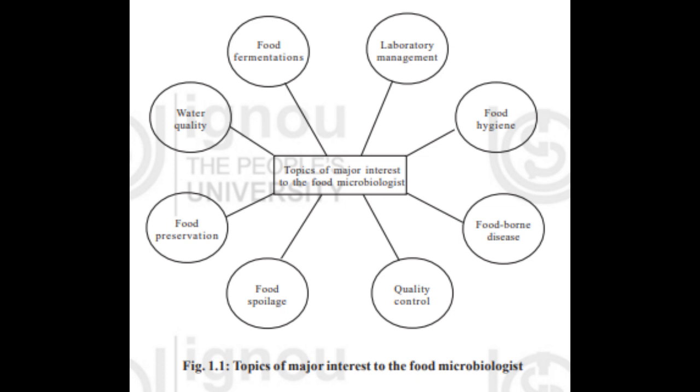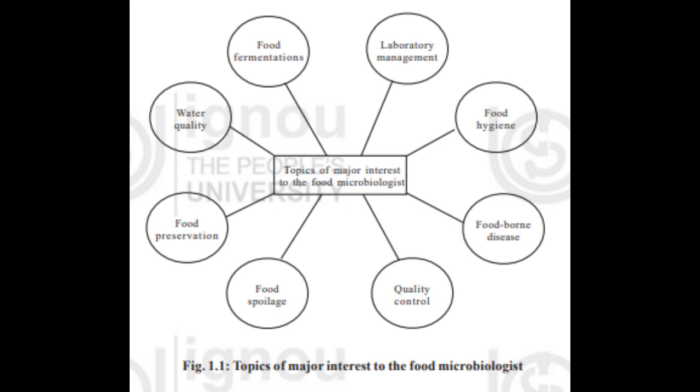Soon after these early discoveries were made, knowledge about the role that microorganisms play in food preservation, food spoilage, and food poisoning accelerated rapidly, until food microbiology gradually emerged as a discipline in its own right.